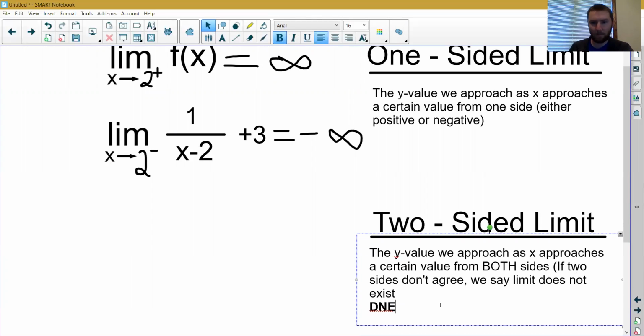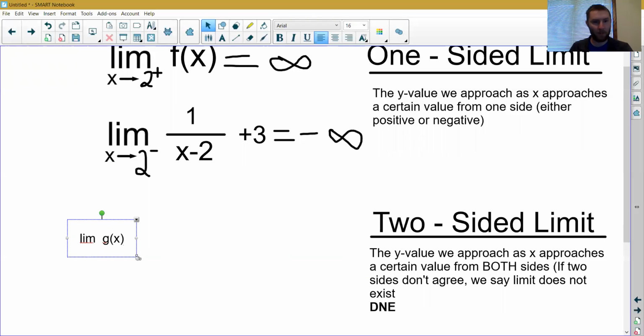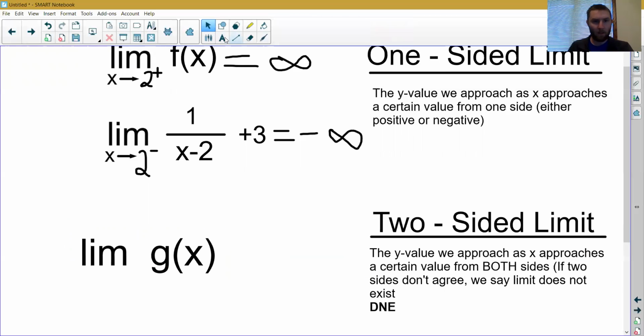So a two-sided limit is very much the same as a one-sided limit, but your two sides have to agree in order for that to exist. If it does exist, you can write your limit statements like this. Limit of some function, I'll go g of x just to spice things up a little bit. So we can go limit of g of x as x approaches, let's say 0.